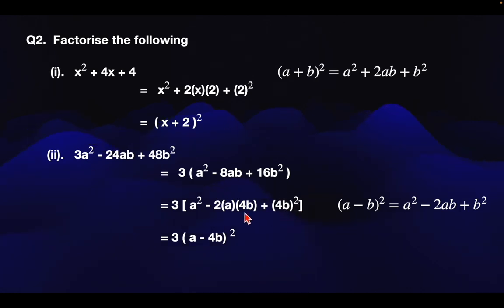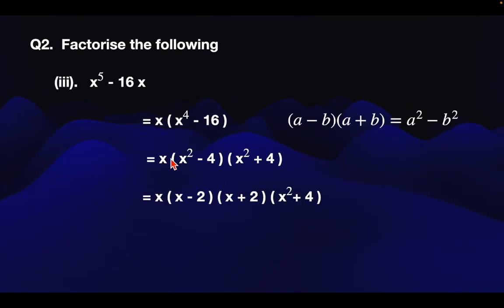So this is the value of b. Write it down. Okay, now it is in the standard form. Compare it. So a is equal to a and b is equal to 4b. So 3 into a minus 4b the whole square. So we have used the other identity. Memorize these identities and apply them.